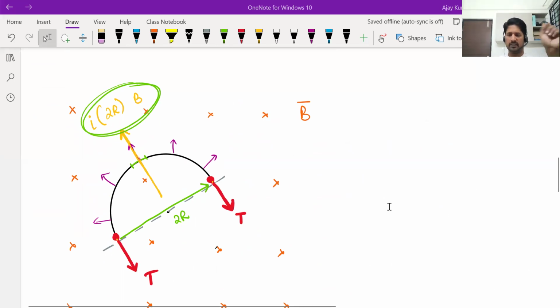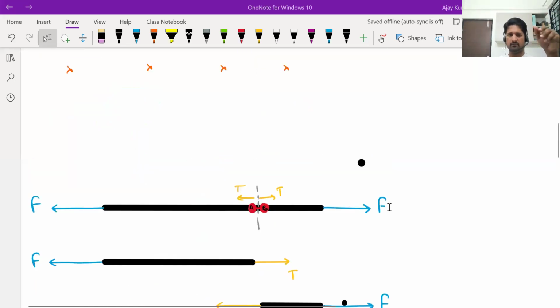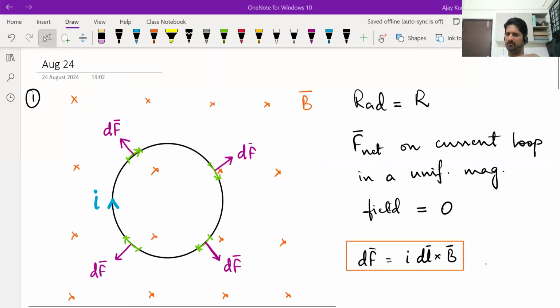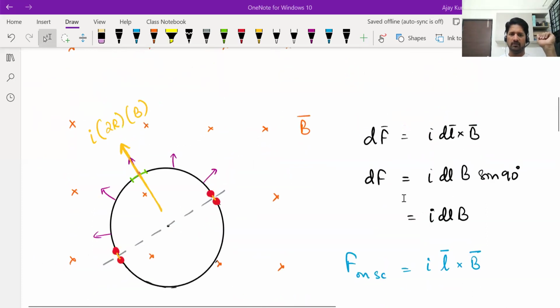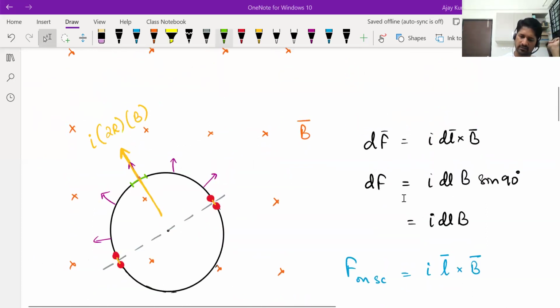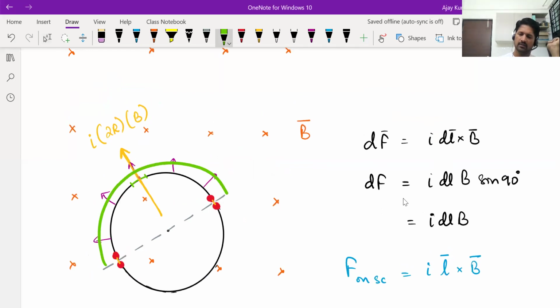First thing we checked is if tension will be same everywhere. We know there are equal forces dF acting everywhere on this wire. So the same tension should be generated everywhere. So to make things simple, I considered one half of the wire. On this half, there will be a magnetic force acting represented by that yellow vector. But we don't see that one half of the wire going away. The other half of the wire is holding it. How? By means of tension here and here.